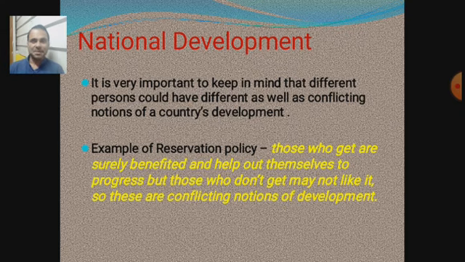They may not be happy with that. So this notion of development is called conflicting notions of development in economics, where one is benefited out of it, another may not get benefit. One may progress because of these facilities, but another may not.